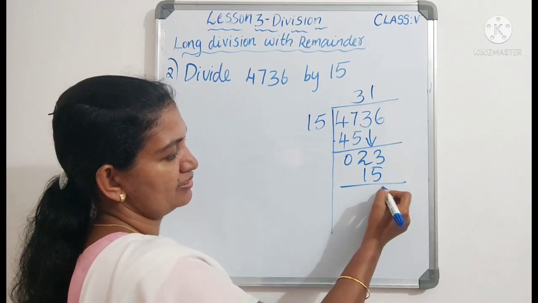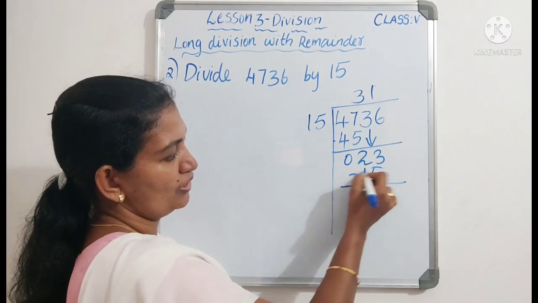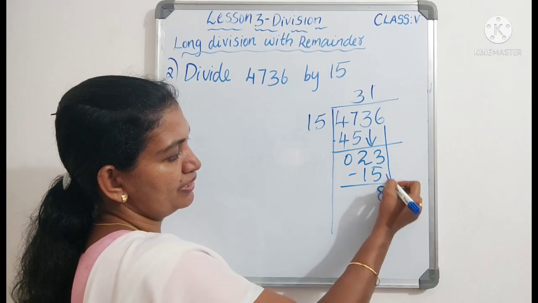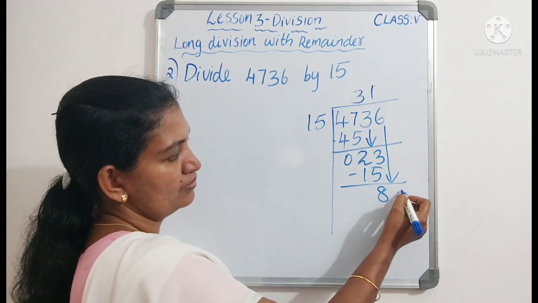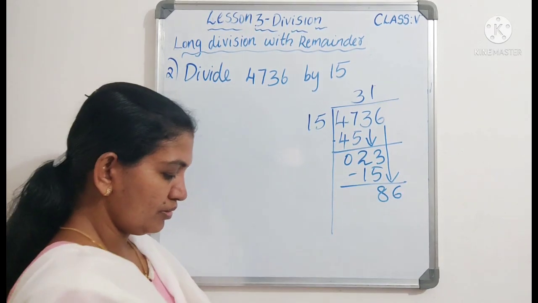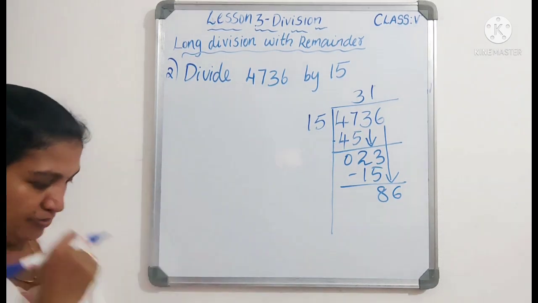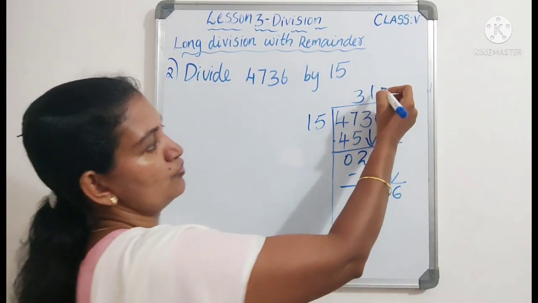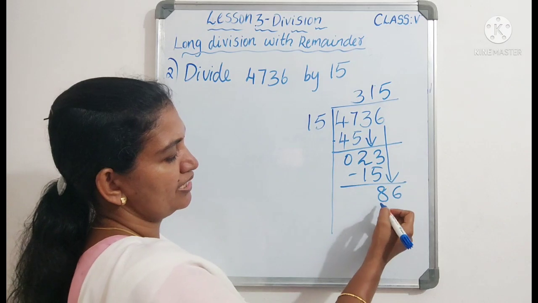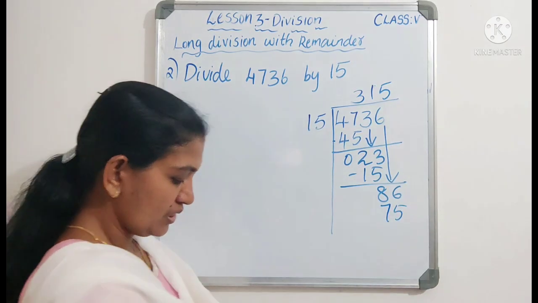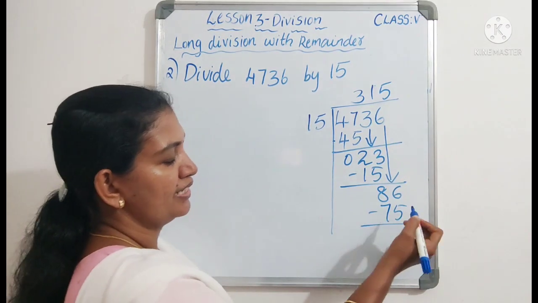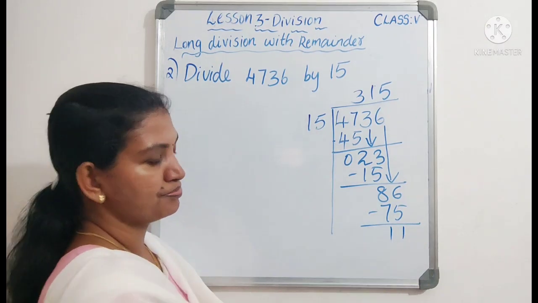Again subtract, then we will get 8. Then next digit, bring down 6, making 86. We know that 5 times 15 is 75. Then again subtract, we get 11.